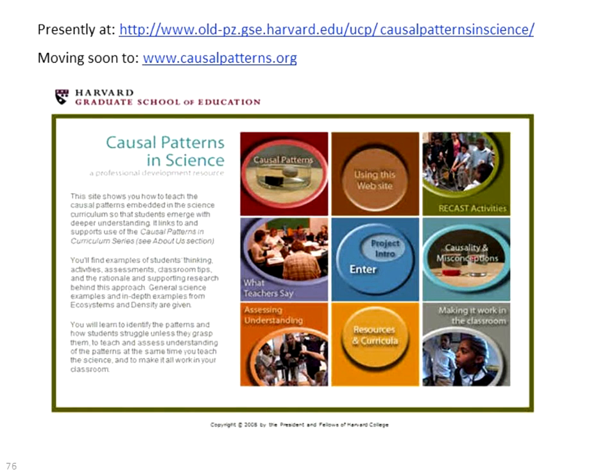We have a lot of them. We have a website, actually. It's presently at this sort of long address up at the top, and it's moving shortly. But this has our curriculum focused on different kinds of causal patterns. One of these has been taken up by the Massachusetts Department of Education.